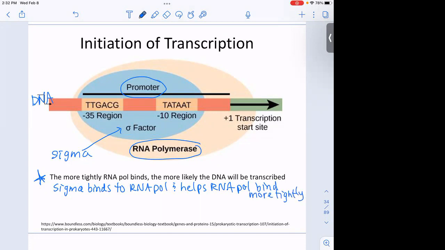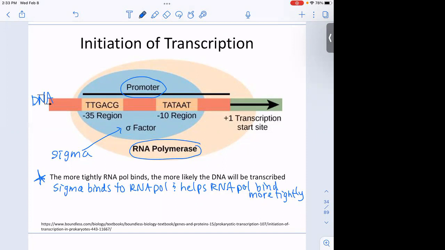Again, this is just something in prokaryotes. Eukaryotes, we don't have sigma factors. We have lots of other things. And there can be different sigma factors that come in that will make the RNA polymerase bind either really tightly or maybe not quite as tightly. Okay, so that's kind of one area of regulation.